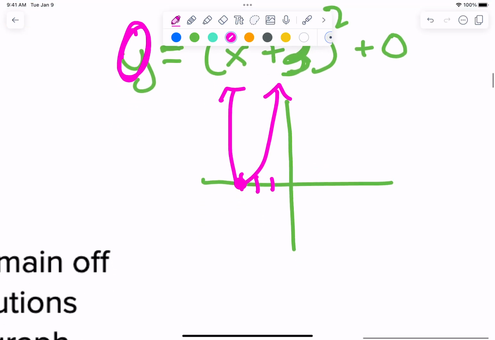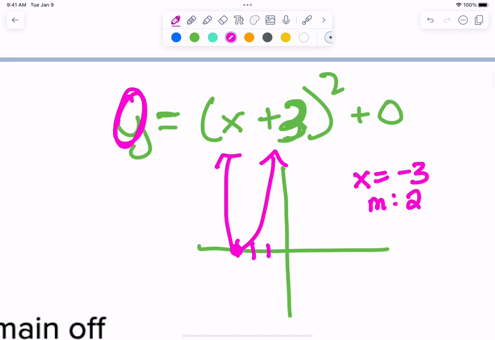His zero is negative 3, but negative 3 has a multiplicity of 2, which means, boys, are you listening? Negative 3 is my zero, and he has a multiplicity of 2 because it's squared, which means that negative 3 is a double zero. Does that make sense?